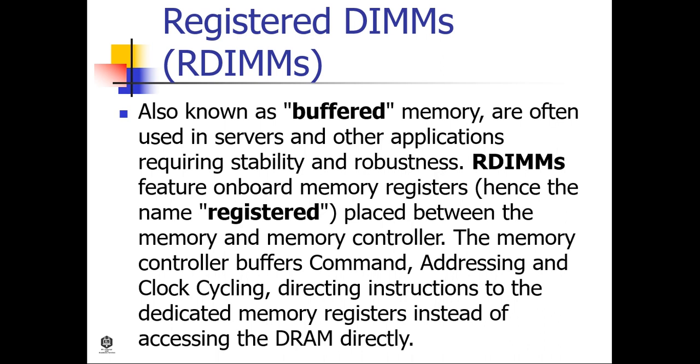The registers buffer command, addressing and clock cycling, directing instructions to the dedicated memory registers instead of accessing the DRAM directly. As a result, the instructions could take approximately one CPU cycle longer, but the buffering reduces the strain on the CPU's memory controller.